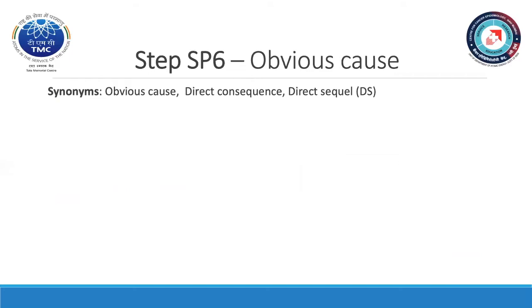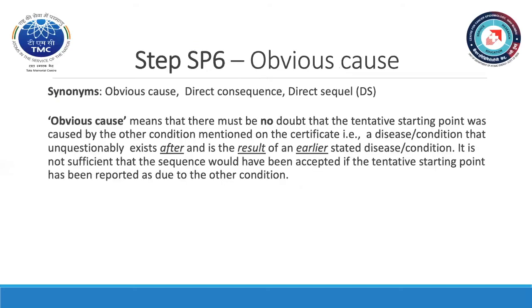Synonyms of obvious cause include direct consequence and direct sequel, or DS. Obvious cause means that there must be no doubt that the tentative starting point was caused by other condition mentioned on the certificate. That is, a disease condition that unquestionably exists after and is the result of an earlier stated disease condition.